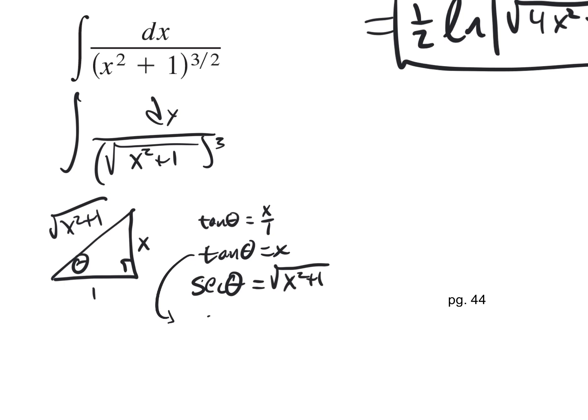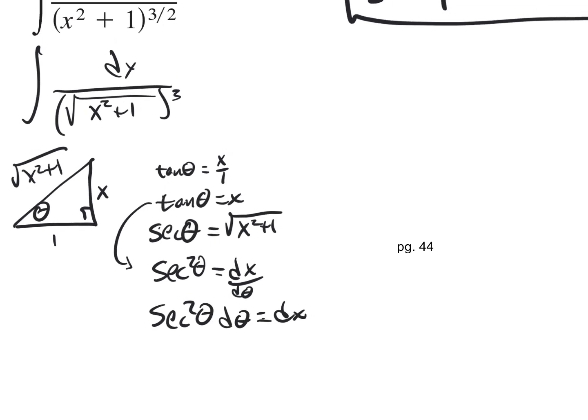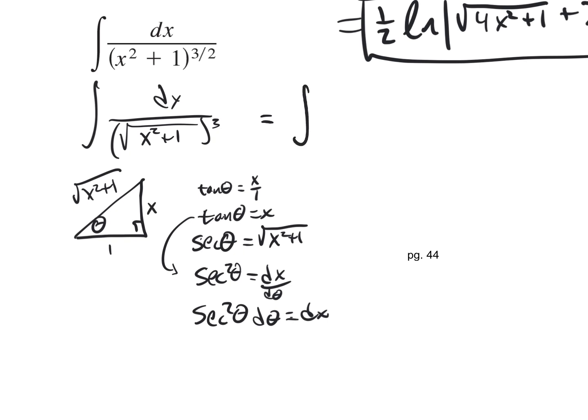We need our derivative, dx d theta, actually, we should say, is derivative of tangent is secant squared, right? That's convenient. So secant squared theta d theta equals dx. So now we can do our substitution. So we can rewrite this as secant squared theta d theta. So we replaced dx with secant squared d theta.